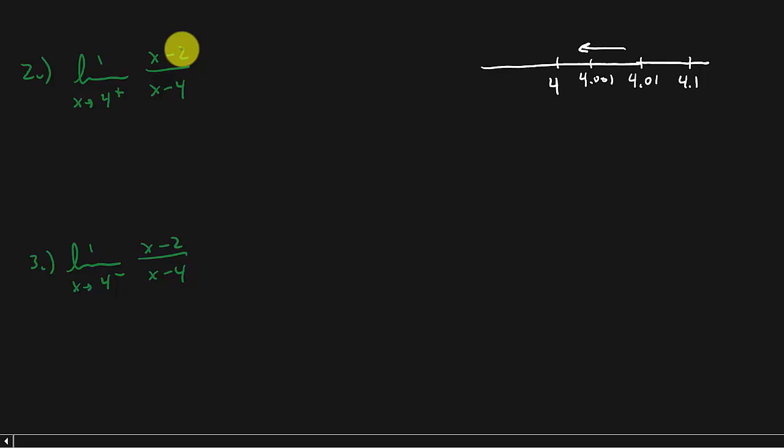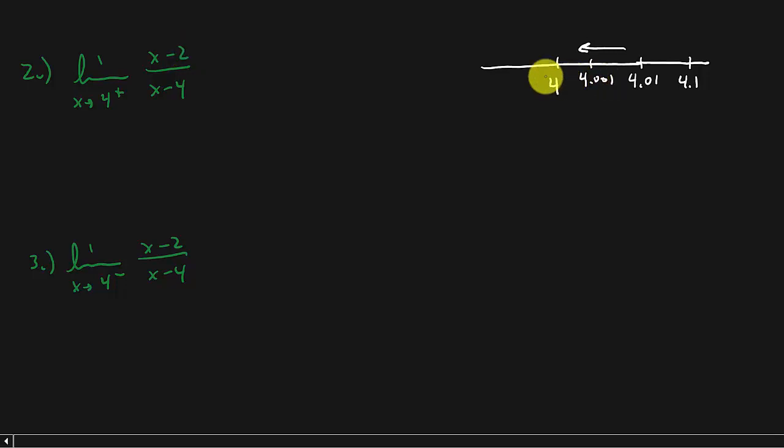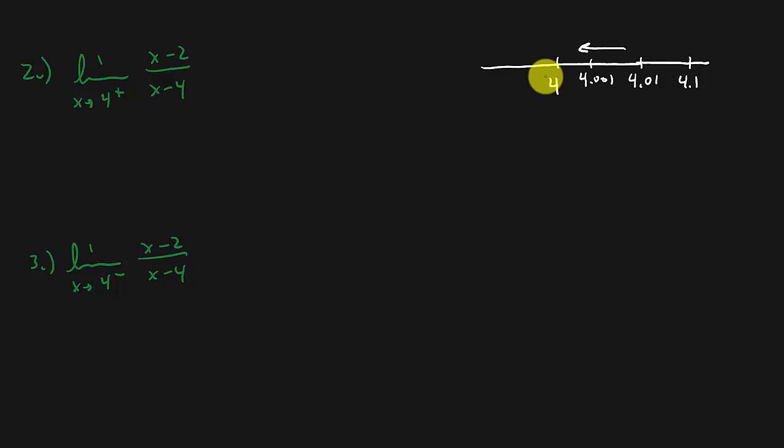So it would be safe to say that as I'm getting closer and closer to 4 from the right-hand side, my numerator is pretty much going to be a 2. You agree with that? It's pretty much going to be 2. I know it's not exactly 2, but we can say it's there.